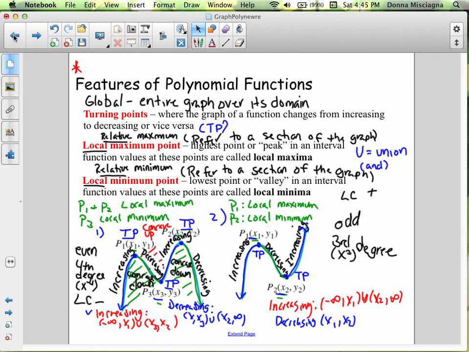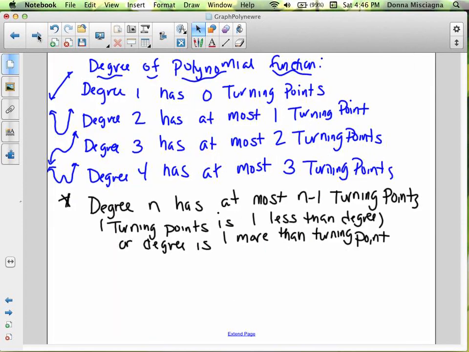Now, if you notice, there was that word at most. So why did I say at most? Well, there could be fewer. Of course, you can't be less than 0.